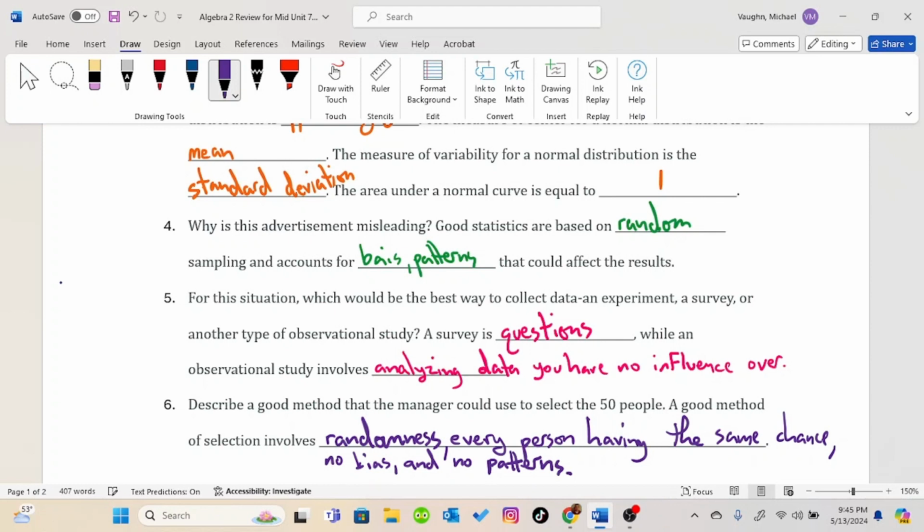So you want to make sure that you're taking that into account when you're deciding which method would be the best.